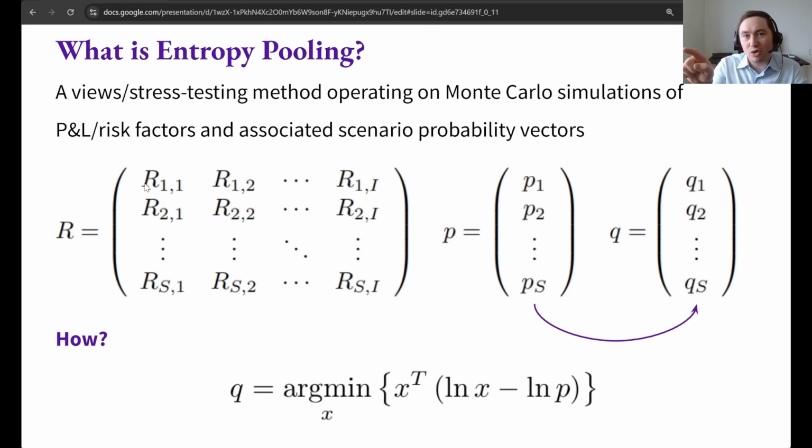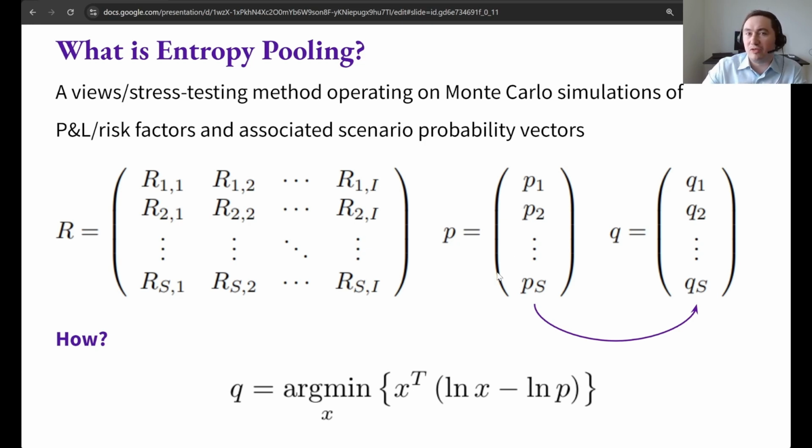Then for each row in this matrix, this is a joint realization for all these assets and risk factors. And for these joint realizations, we can assign joint scenario probabilities that we collect into a vector called P.